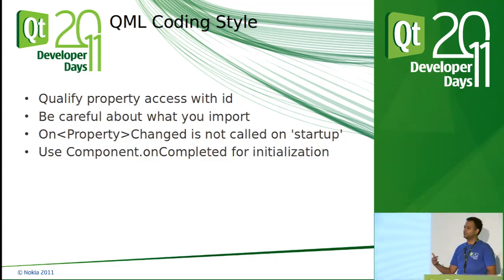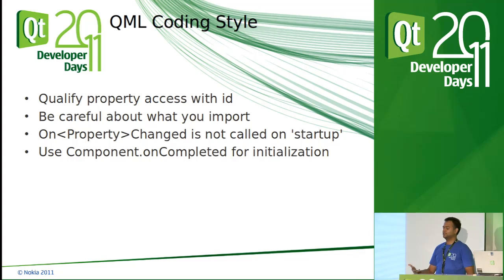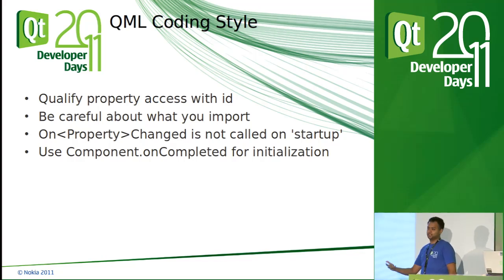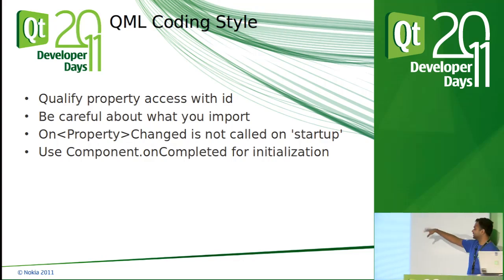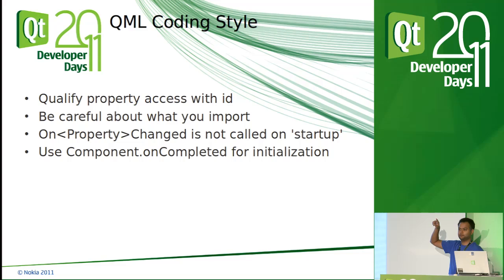Unfortunately, there are a few cases where these things will fire, so you might be mistakenly led to believe that this actually works, and you put some of your initialization code in there. So remember that onPropertyChanged is not guaranteed to fire during the initialization phase. If you want to have some code during startup, the right place to put it is in the Component.onCompleted attached property. This is the C++ equivalent of QDeclarativeParserStatus.